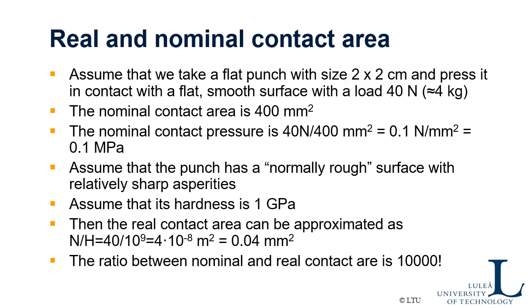So that's something to think about when we talk about tribology. There is a very much smaller real area of contact than the nominal area. In this case, the load was relatively low, of course, but still, if you increase the load, say 100 times, you still only have a ratio between the nominal and the real area of contact that is around 100 then.